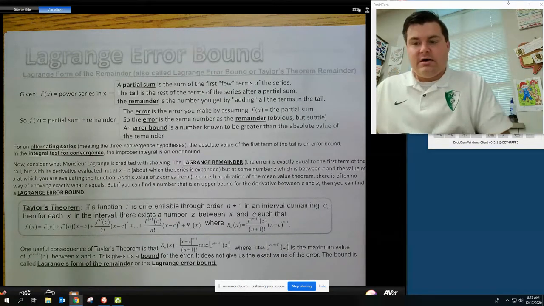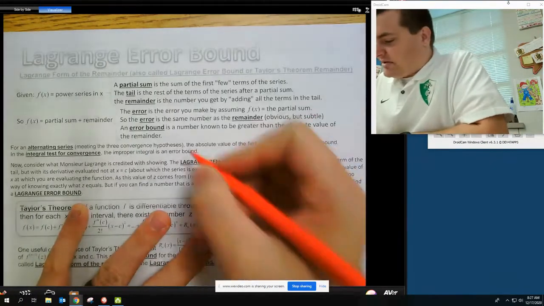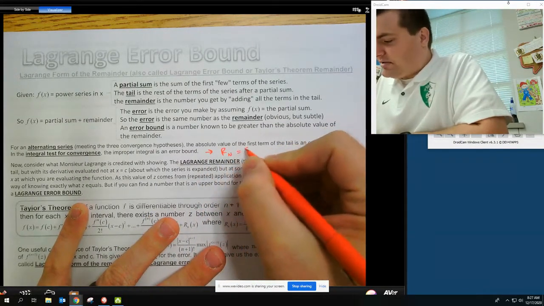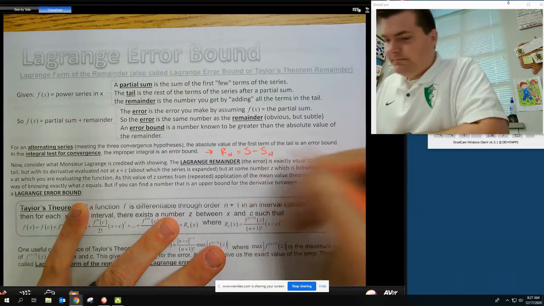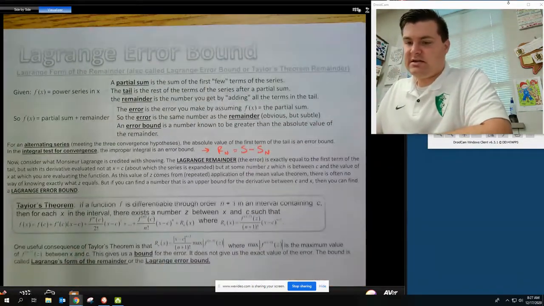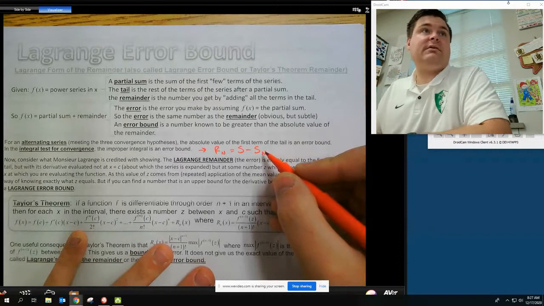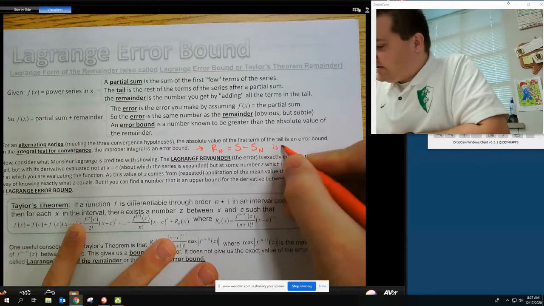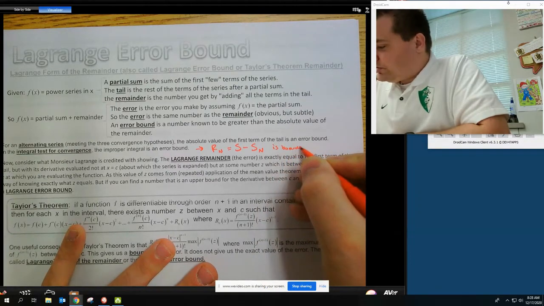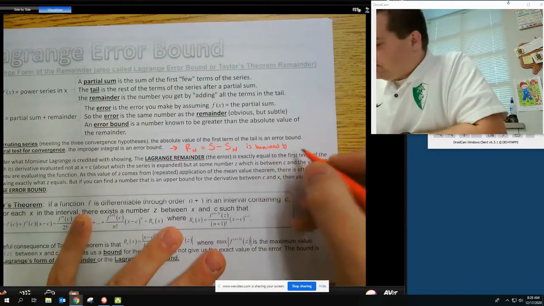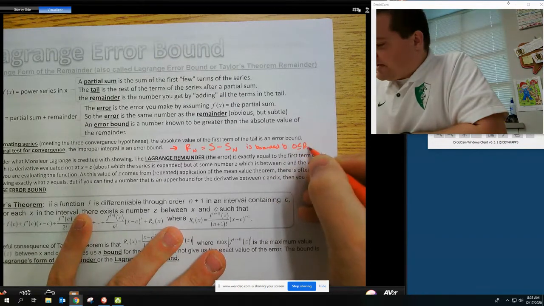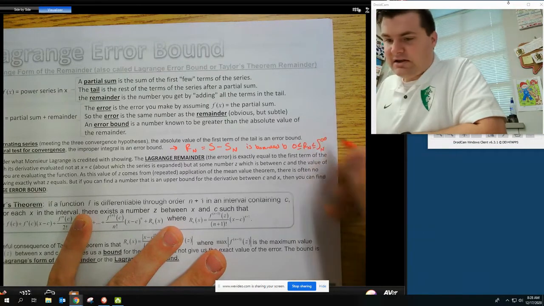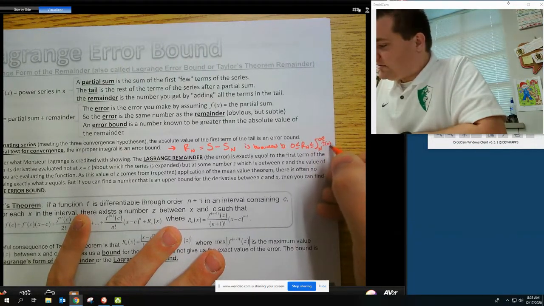What this really means is that R sub n, the remainder, is the actual sum of the series minus the terms that are used, the partial sum, and that is bounded by the integral from n to infinity of f of x dx.